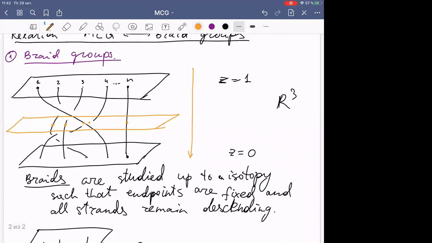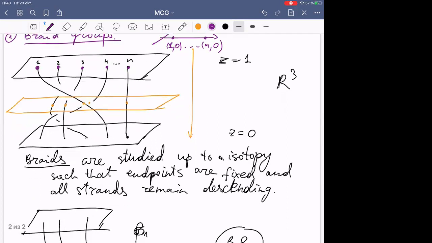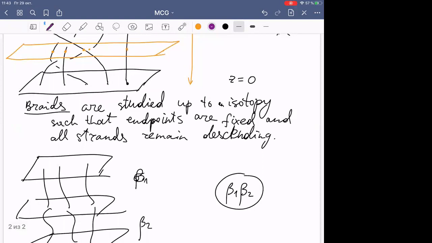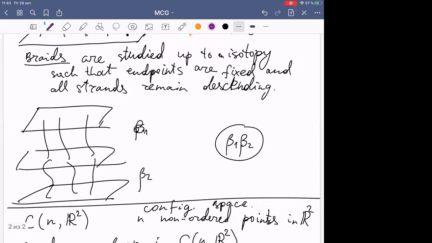An important thing for constructing braid groups is that we have fixed these initial points. For instance, if we have x and y coordinates in the plane, it is convenient to take points (1, 0), etc. It is not important how to fix them, but we need to fix the initial set of points to be able to multiply braids.